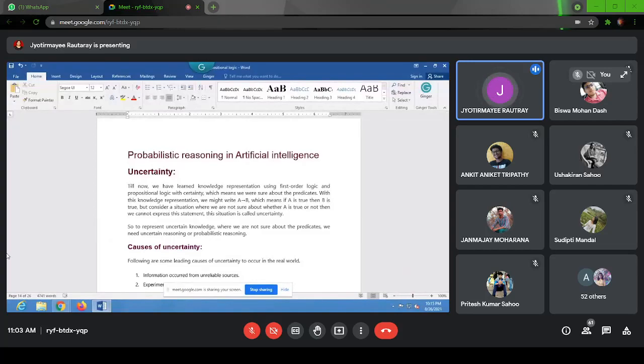So what happens in case of probability? Listen, probability comes into the picture when we do not have certain knowledge, when we are uncertain about knowledge.